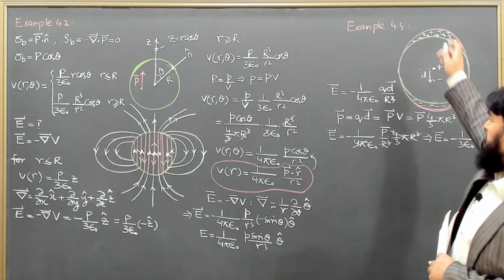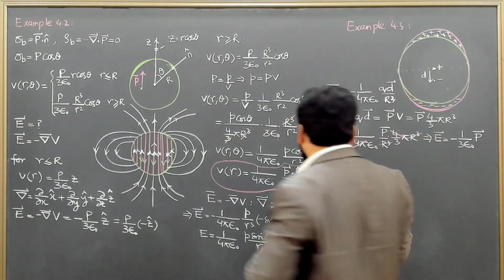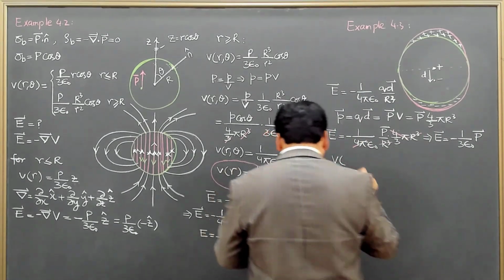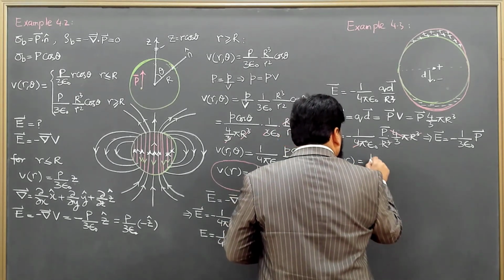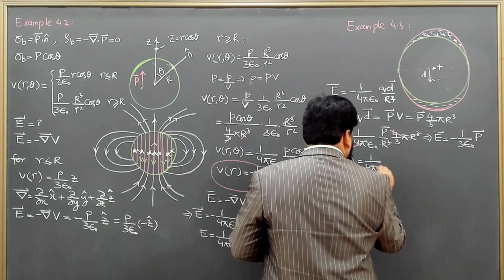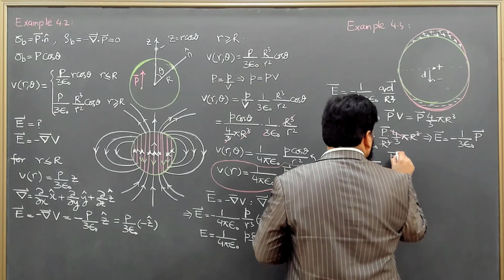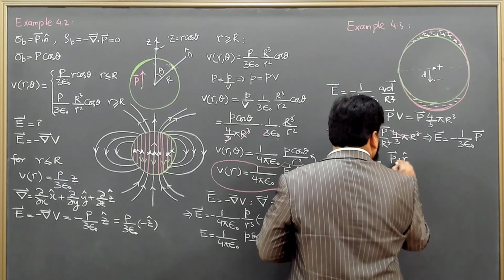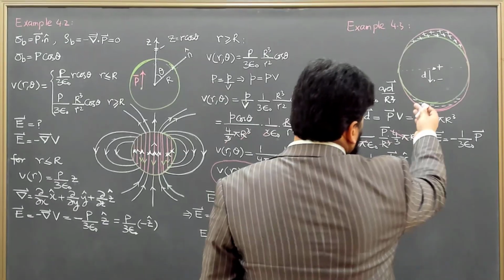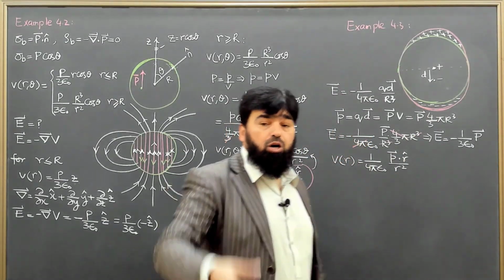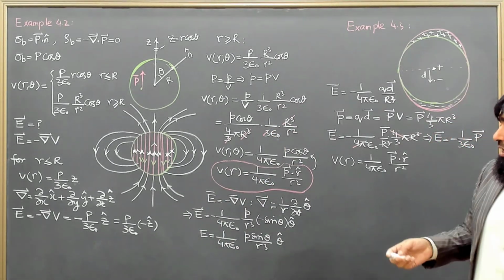For r greater than R, you are outside of this sphere, then V of r is equal to 1 over 4 pi epsilon naught, the potential of a perfect dipole, p dot r hat over r squared, because when you go outside of this sphere, it's just a dipole and the field will be that of a dipole.